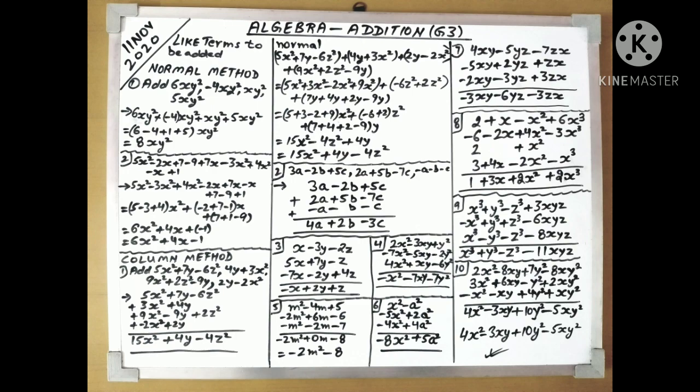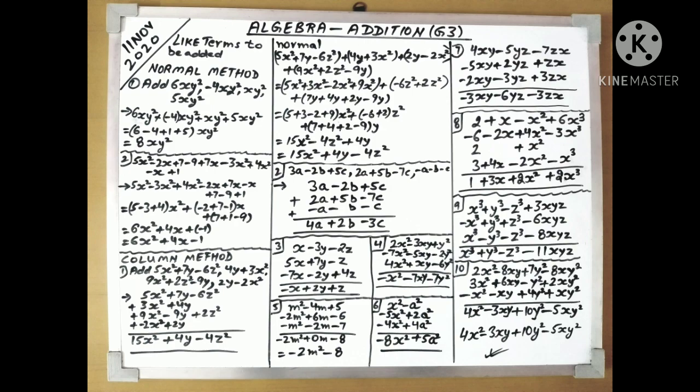See question number 4. 2x square minus 3xy plus y square, minus 7x square minus 5xy minus 2y square and 4x square plus xy minus 6y square. So add the like terms keeping in mind the signs of the terms. You will get the answer as shown.